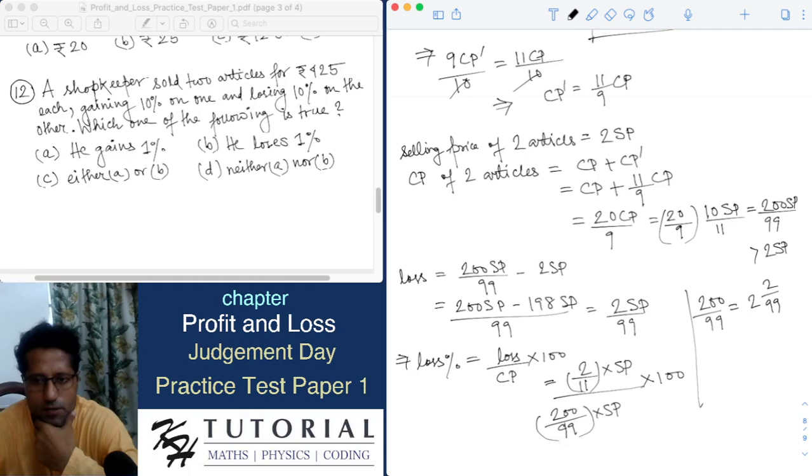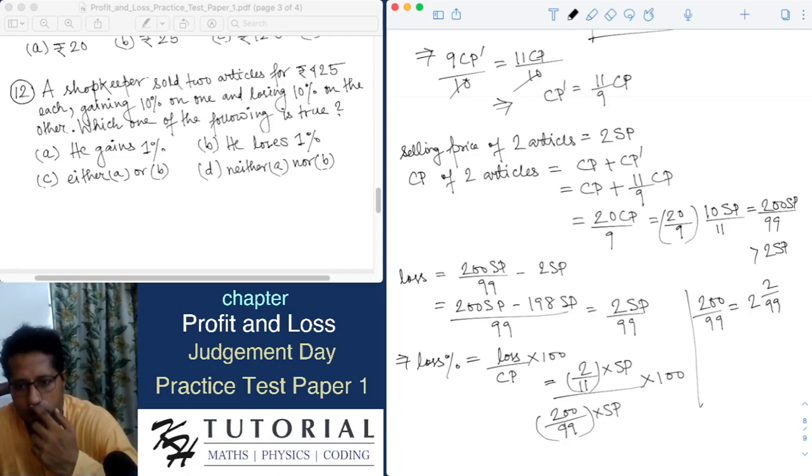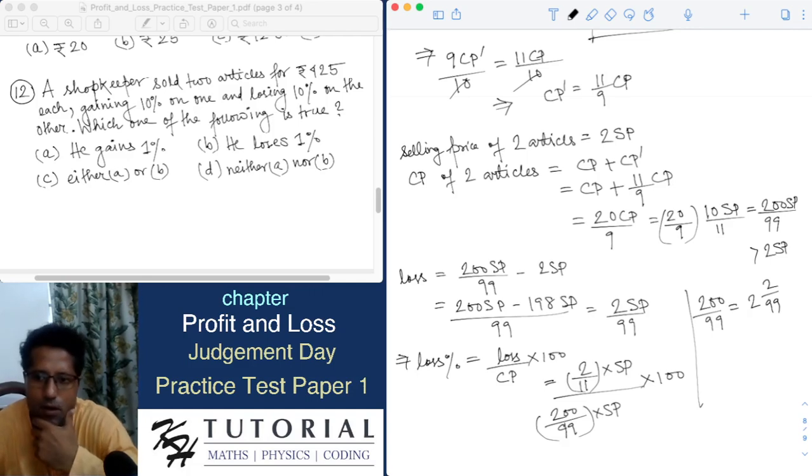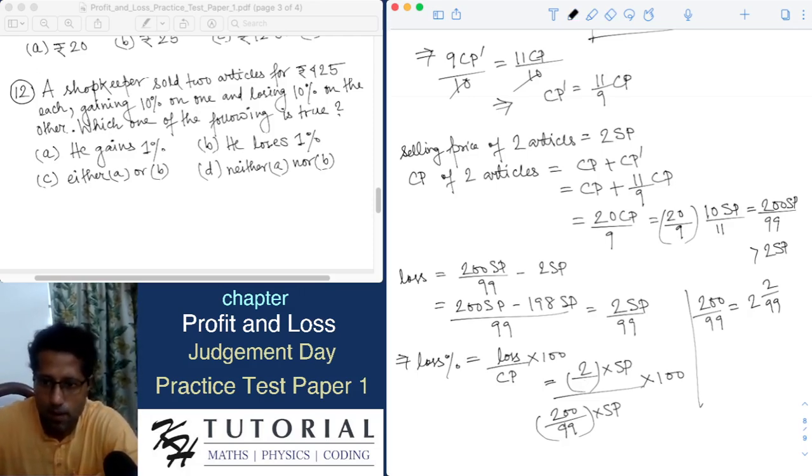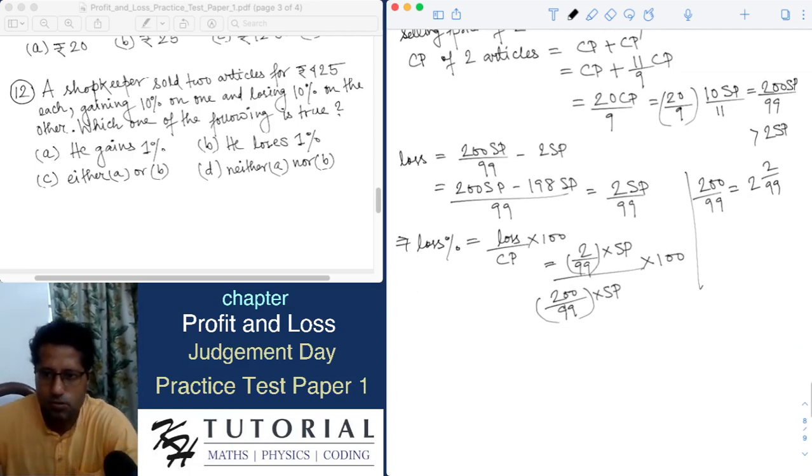This equals 200 SP minus 198 SP by 99, which is equal to 2 SP by 99. This is the loss. So loss percent should be loss by cost price into 100. Oh, loss is 2 by 99, not 11. 2 by 99 into SP.